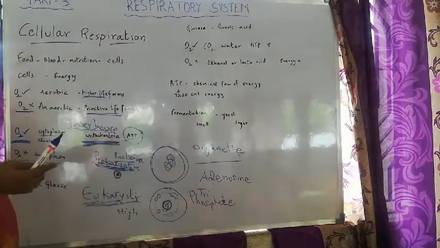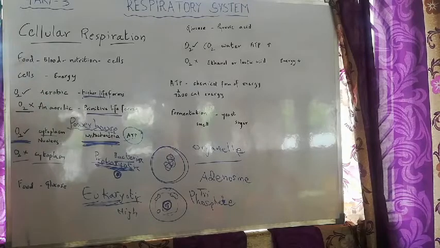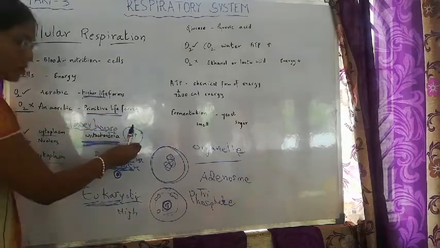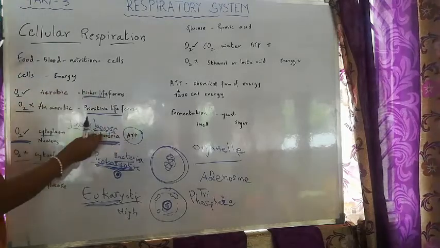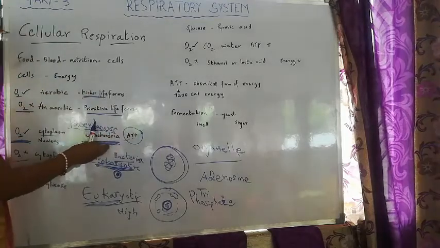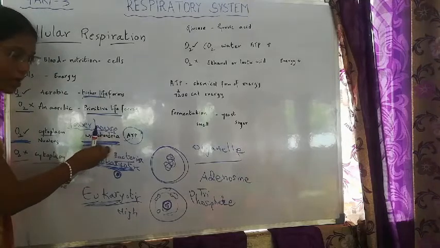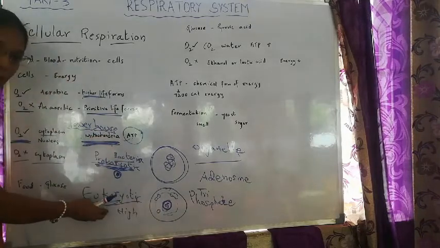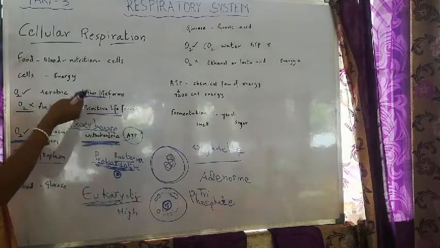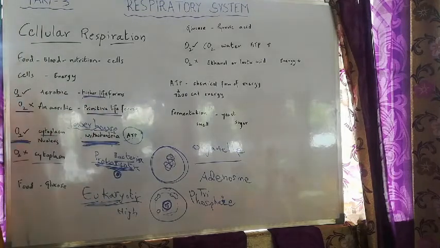Adenosine triphosphate. In that chemical form, the energy produced by aerobic respiration is stored inside the cell organelle called mitochondria, which is present in the cytoplasm of the eukaryotic cell, meaning cells of plants and animals, right?